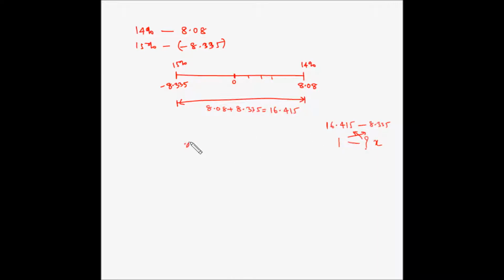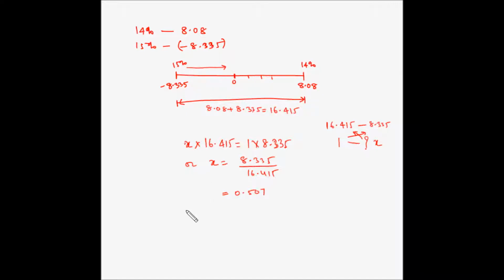So we get x into 16.415 is equal to 1 into 8.335, or x is equal to 8.335 divided by 16.415. Now this is equal to 0.507.